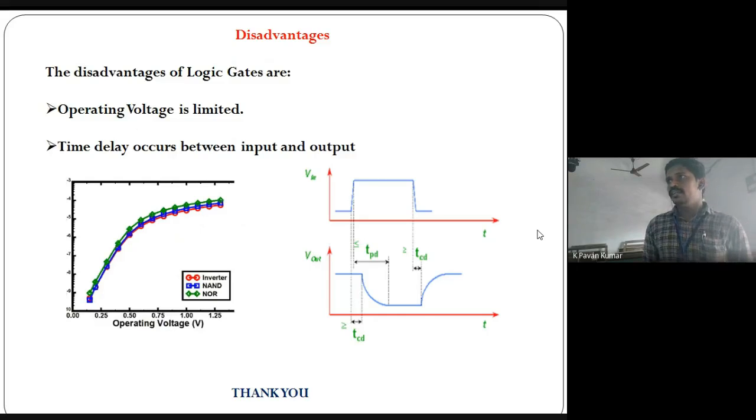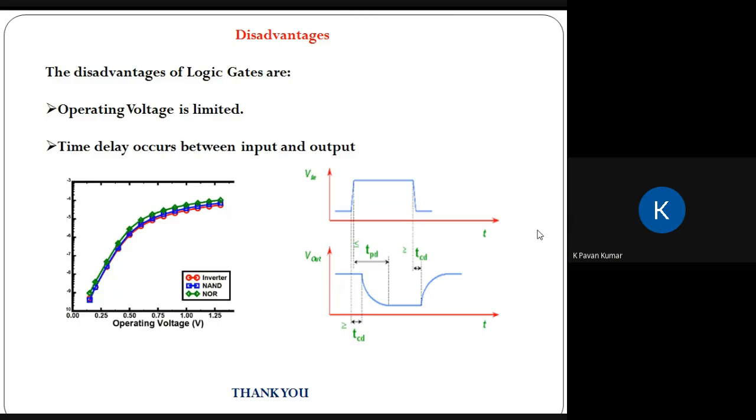Red color indicates the inverter, the NAND gate is indicated in blue, and green is the NOR gate. Operation depends on voltages from below 0.25 volts up to 1.25 volts. And also a time delay occurs using these logic gates. The other disadvantage is the time delay between input and output.